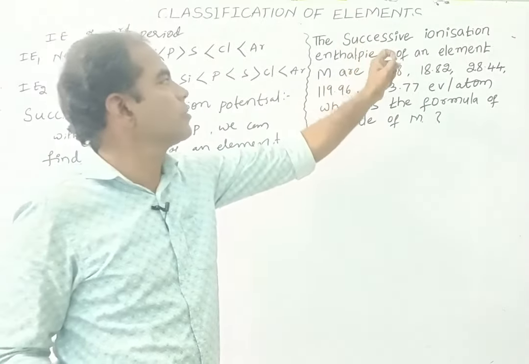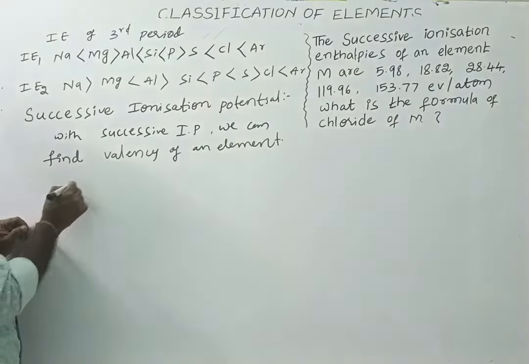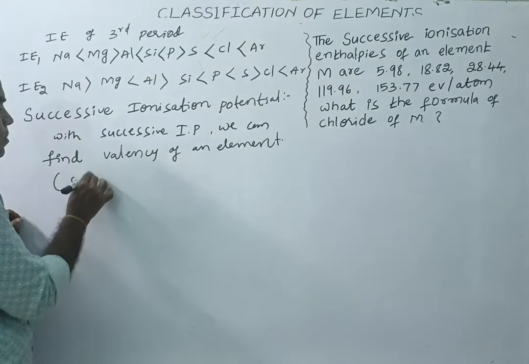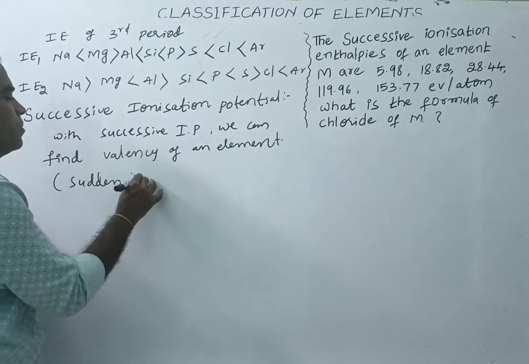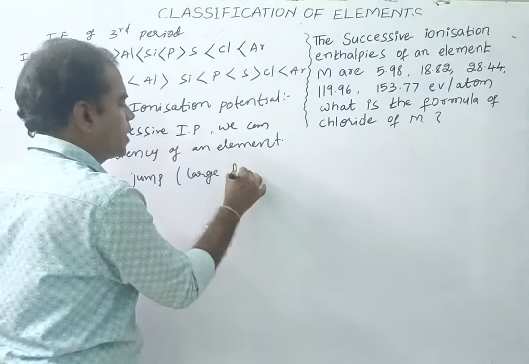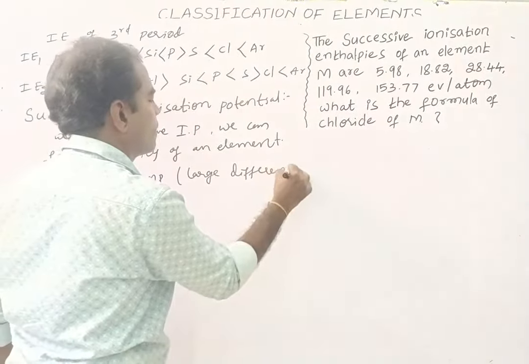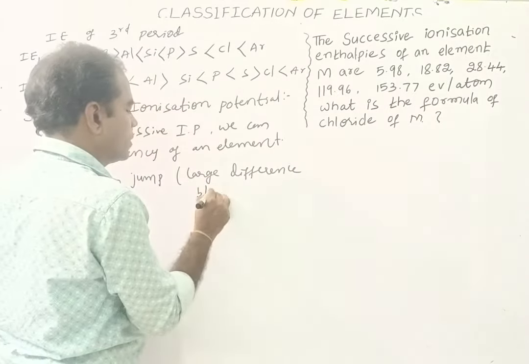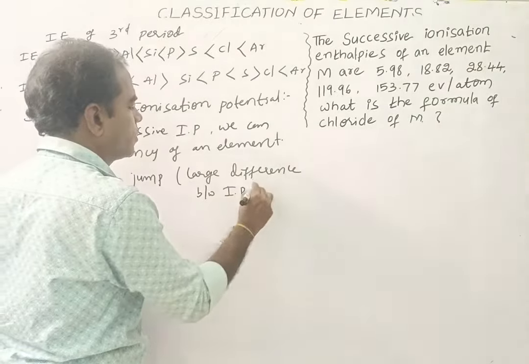Successive ionization potential means a sudden jump. Remember, a sudden jump or large difference between ionization potentials.